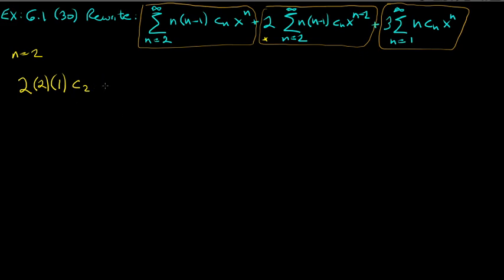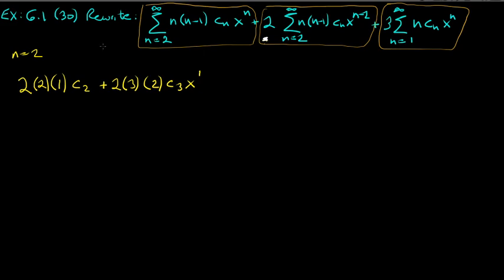And then when n is 3, you're going to get 2 times 3 times 3 minus 1, which is 2, times c3 times x to the 3 minus 2, which is 1. So that's from the second series.